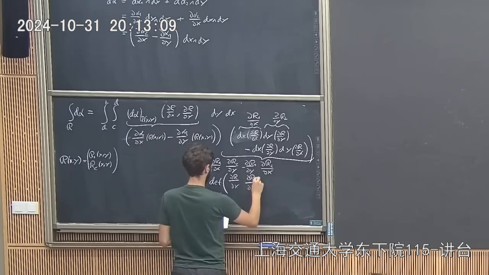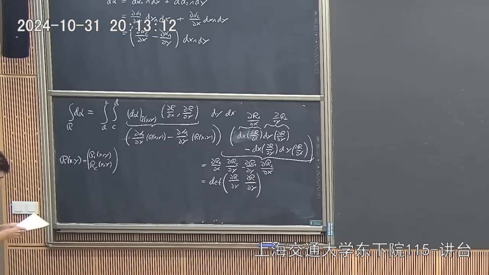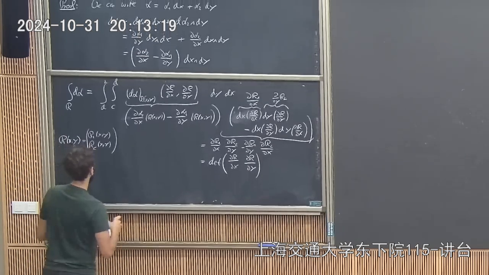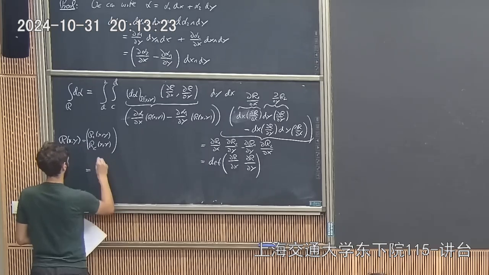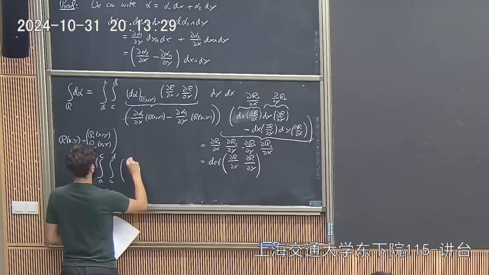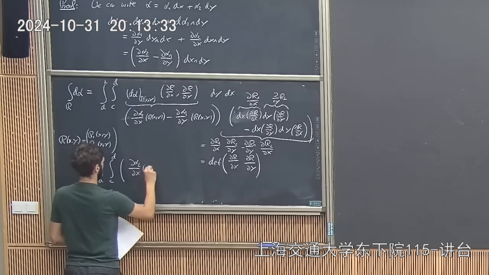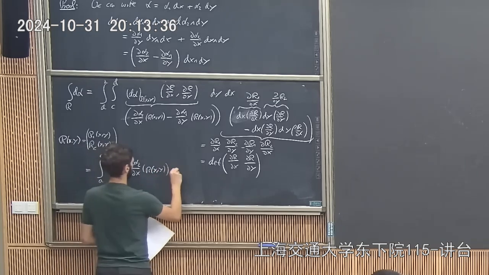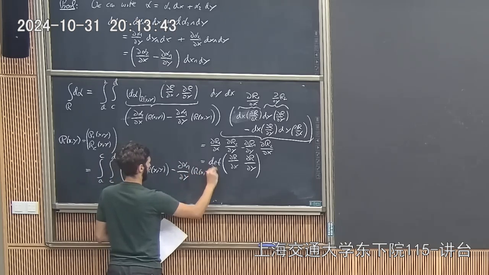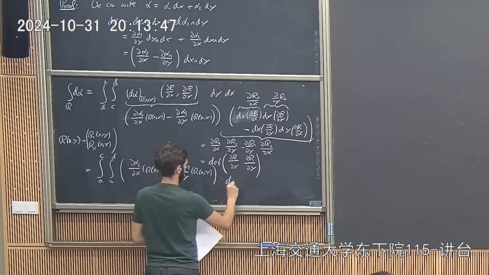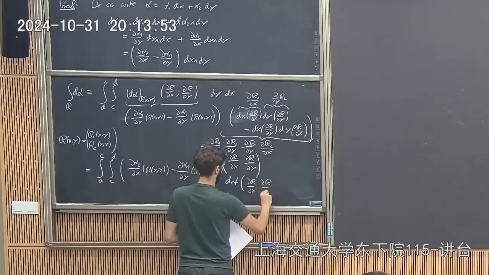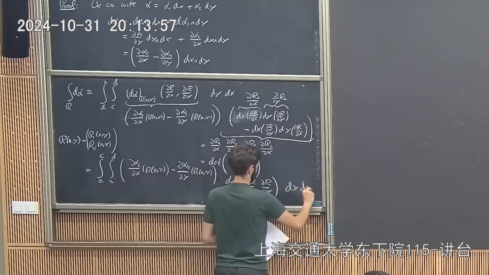Here we have the vector dr dy. So in total, what we get is now times the determinant of this matrix. Dx, dy.